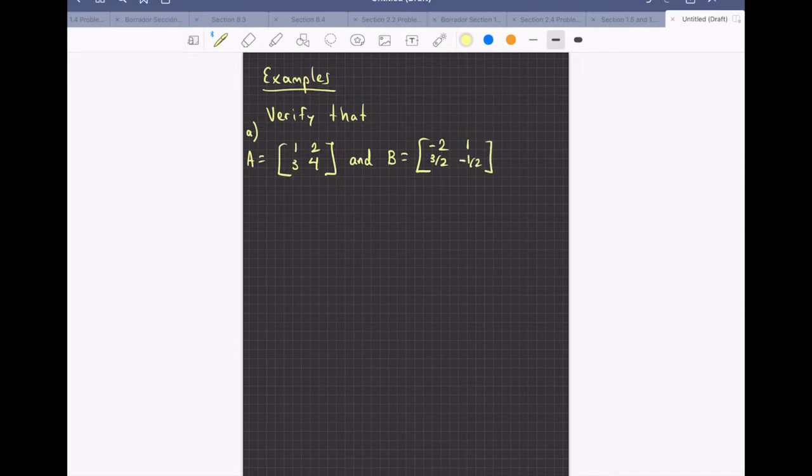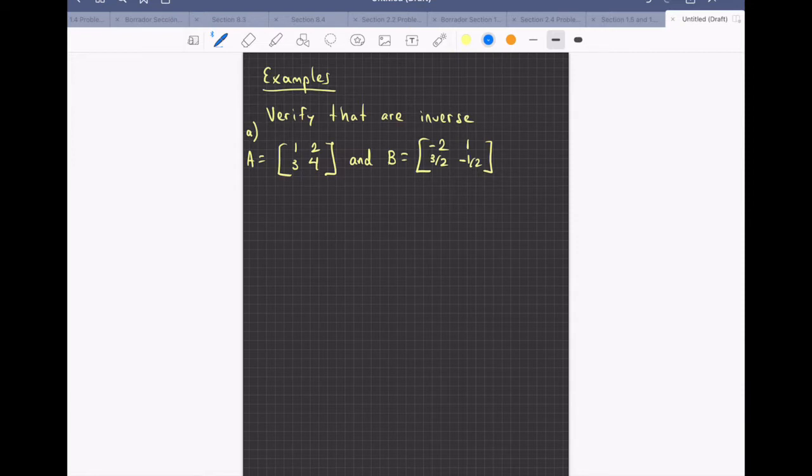Examples. Verify that A and B equal to, so we have to verify that these two matrices, they are inverse.